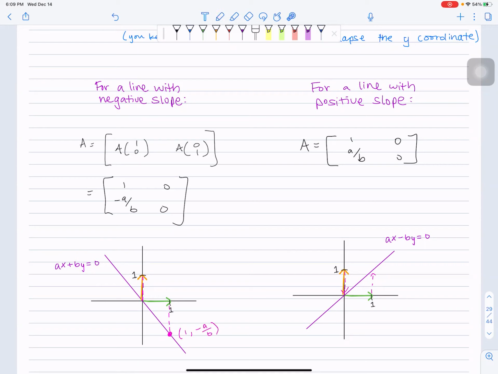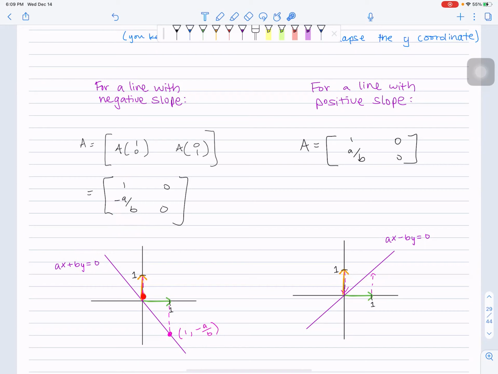The reason, or how I can find it, is that I'm projecting vertically, so whatever point this pink dot is, it should have an x value of 1 still, because it's still on the same x line. So I should plug in 1 to my line, and I can solve for y, and I get negative a over b. So in my first column, I write 1, negative a over b.